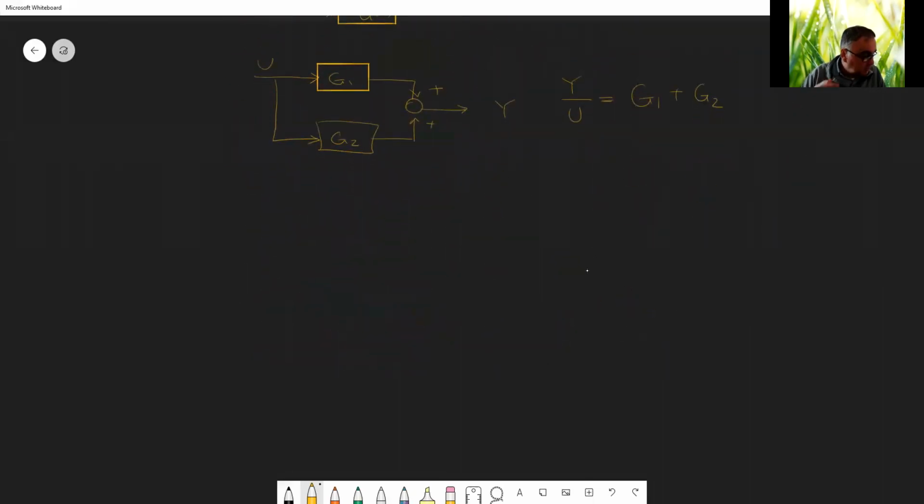Okay, one more thing is the so-called feedback. Well, that is not a new rule, but in the block diagrams, usually you go in the forward direction. For example, let me draw it here. This is U. Let's say this is G1.